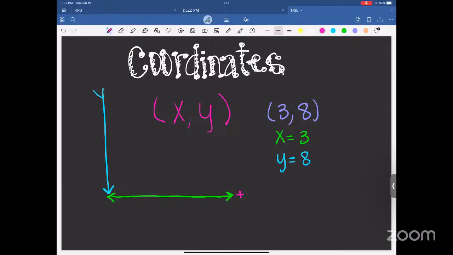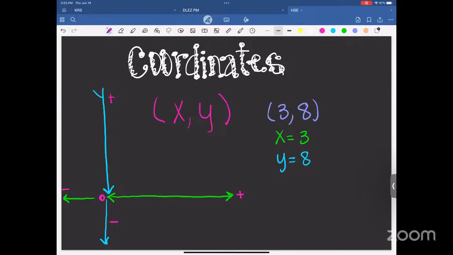And I want you to keep in mind that this is 0 right here. If I am traveling in the negative, then I am going to go towards the left after 0 for negative numbers. Does that make sense? Yes. Okay. Now, if I'm on my Y, anything above 0 is going to be positive. What do you think is going to happen when we go below 0? Negative. This is where we find our negative numbers.